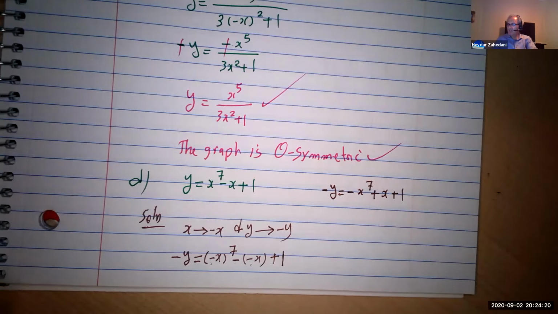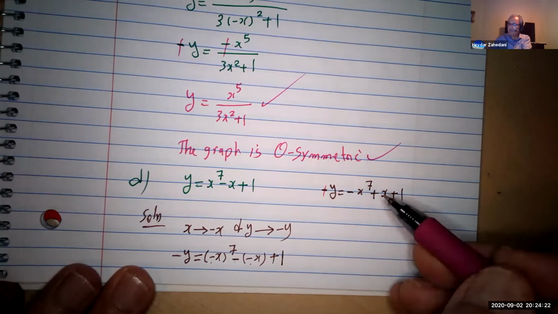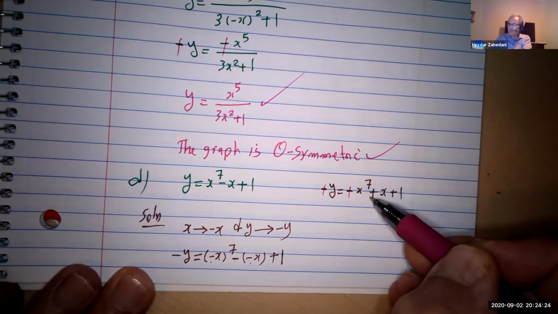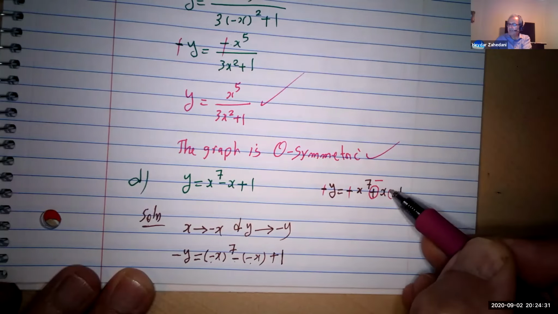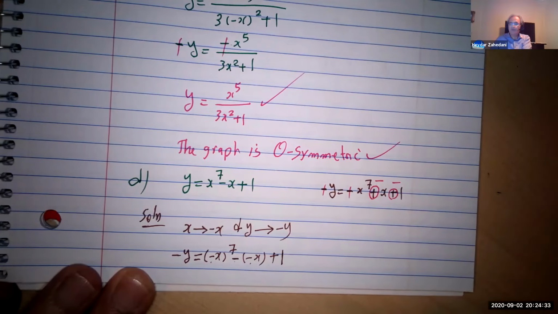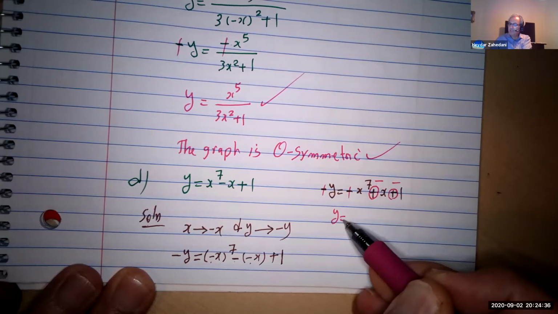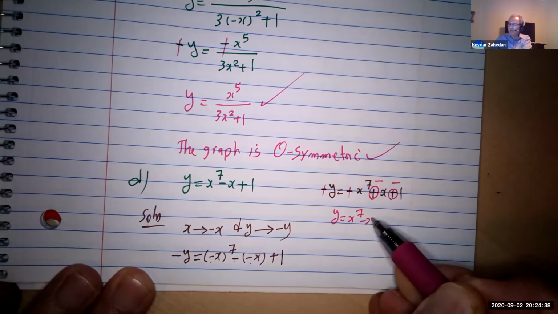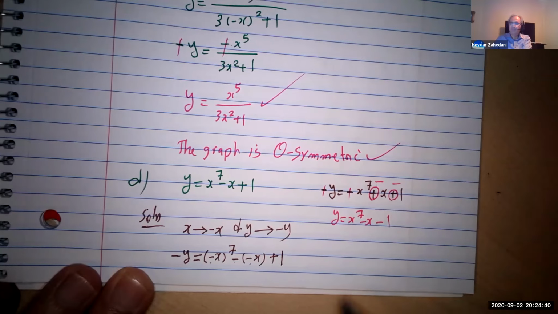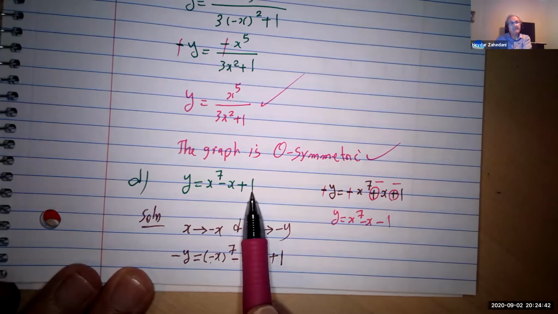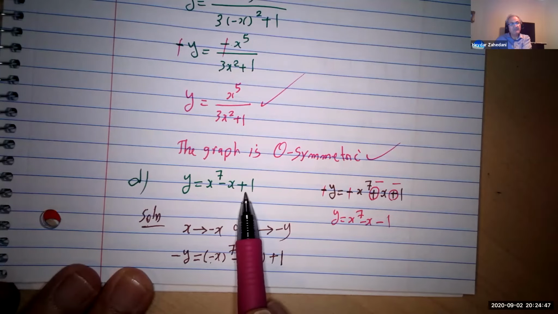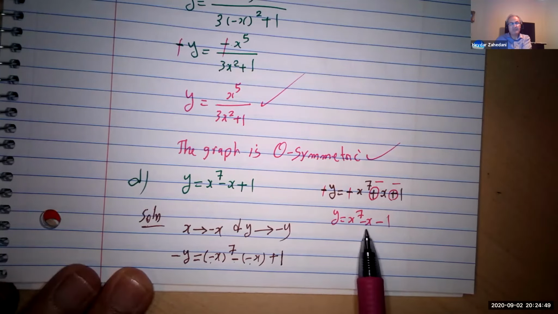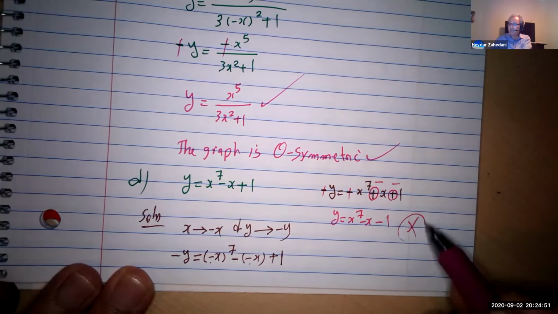So this is going to be positive, this is going to be positive, but this would be negative. So if you switch it, the final answer would be x to the 7 minus x minus 1, which is not the original one. The original one is x to the 7 minus x plus 1. But we get x to the 7 minus x minus 1.